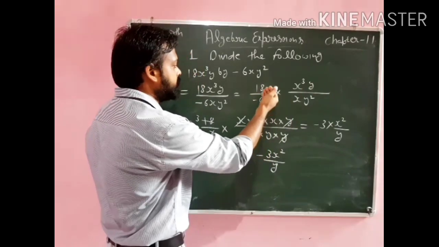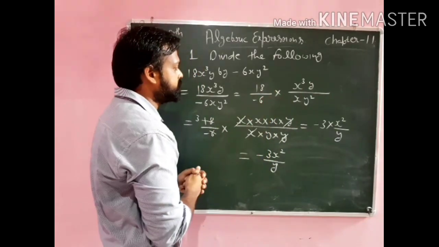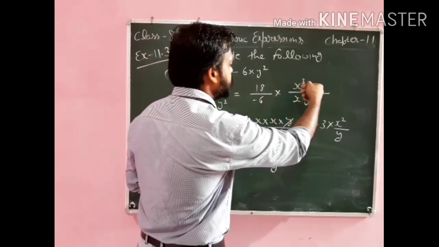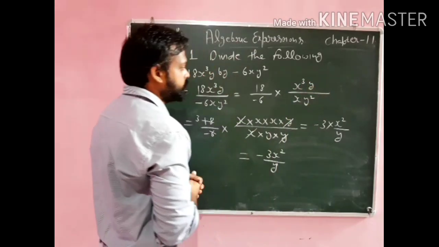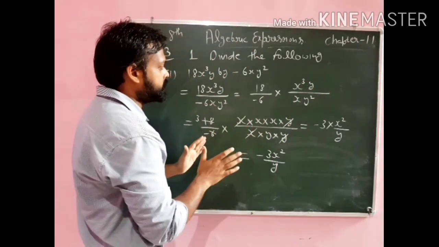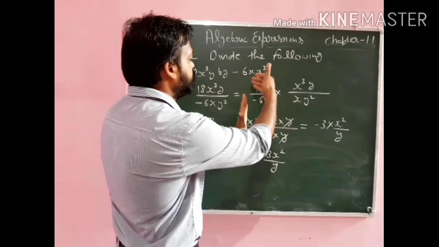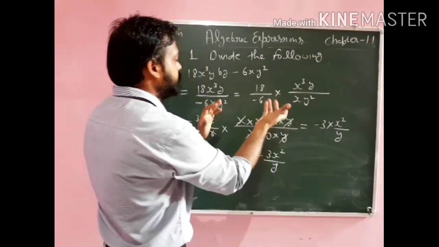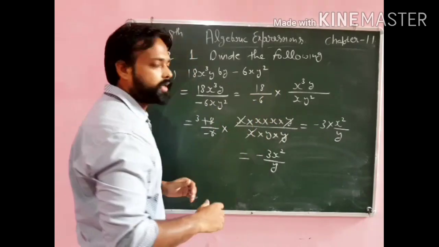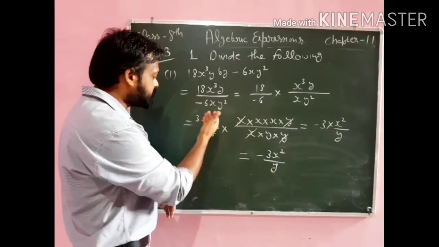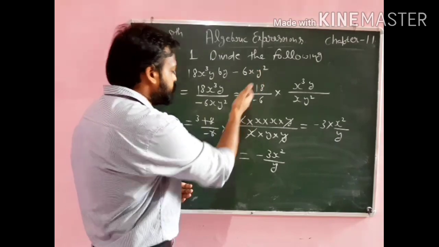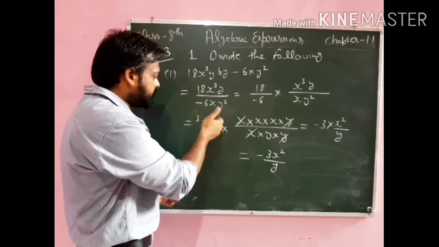So now you can see it will become 18 by minus 6 multiplied with x cubed y over xy square. I hope it is clear to you. It is very simple. You are just separating the numerical values and the variable values by putting a multiplication sign between them.